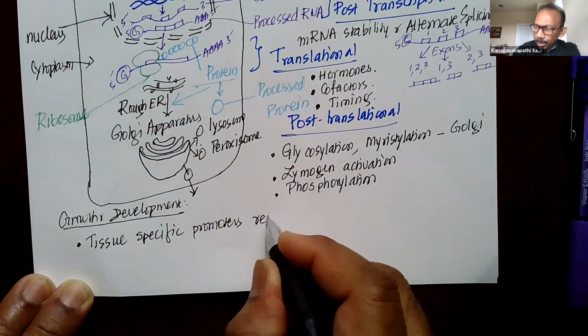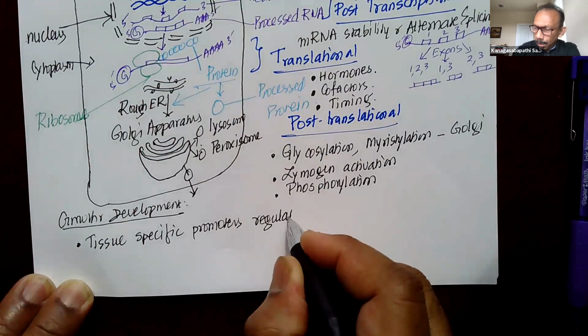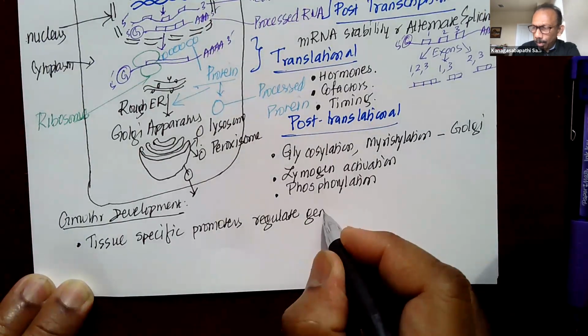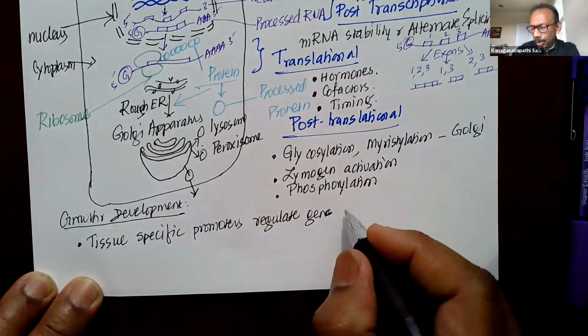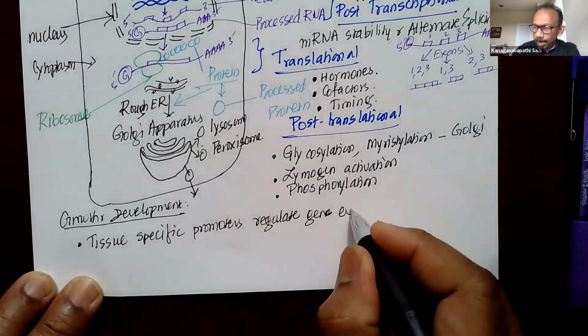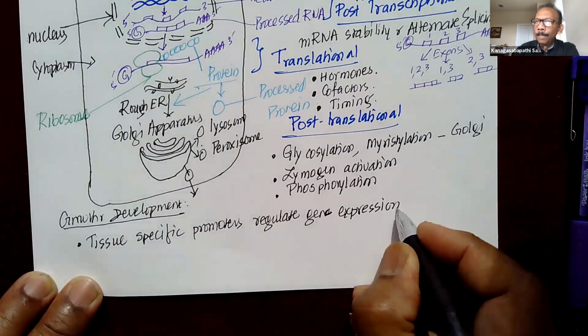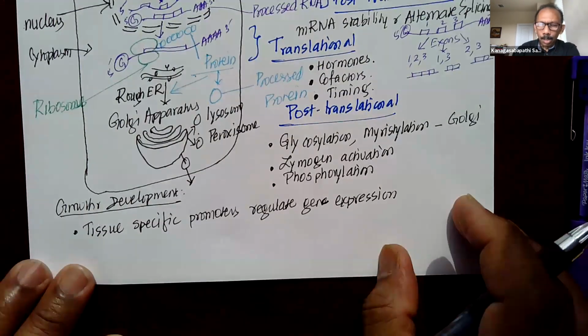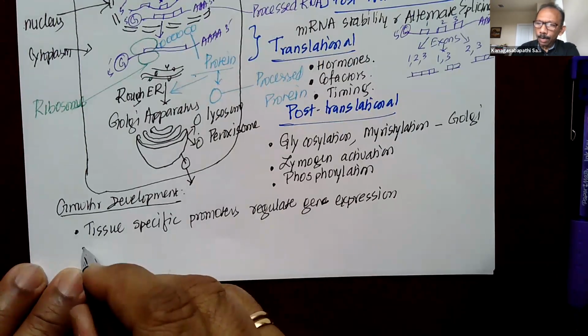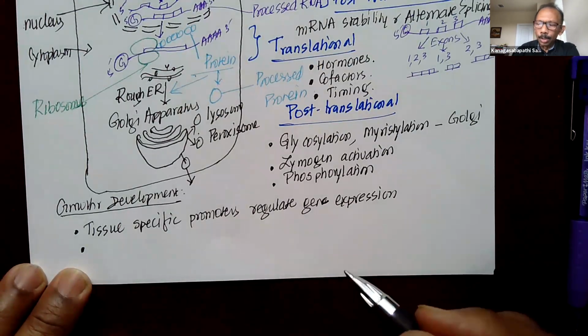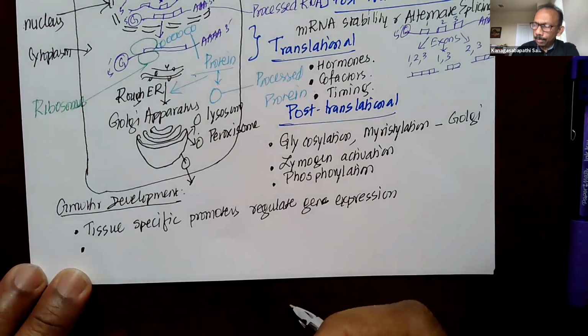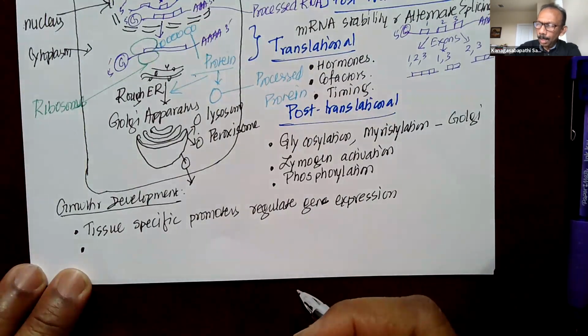They regulate gene expression. So your muscles express different genes than your brain, which expresses different genes than your kidney or liver. They all have different genes expressed, even though they're all products of mitosis, the same type of cells, but they differentiate.